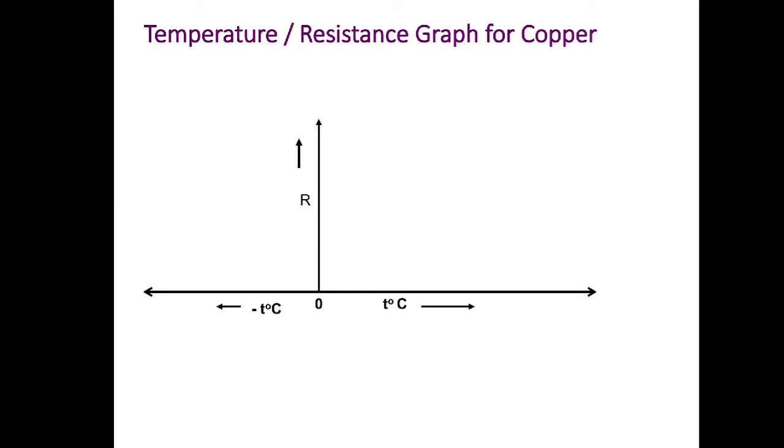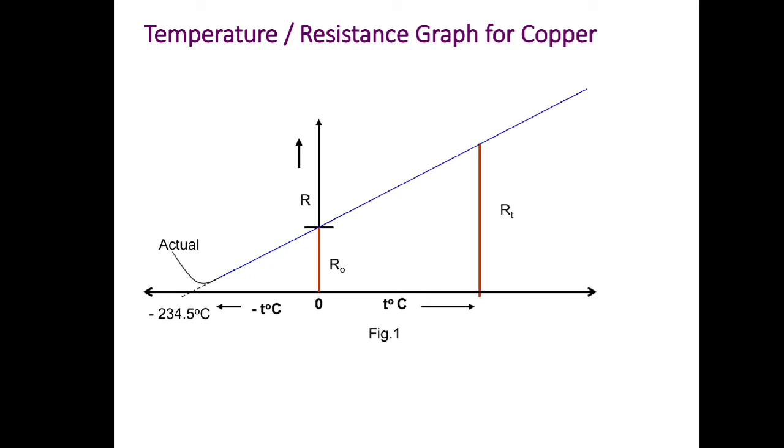Let us see a curve between the temperature and resistance for the copper element. You can observe the graph for copper is a straight line. At 0 degrees centigrade, let the value of the resistance be R naught.